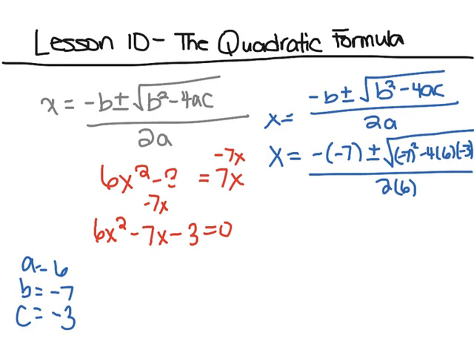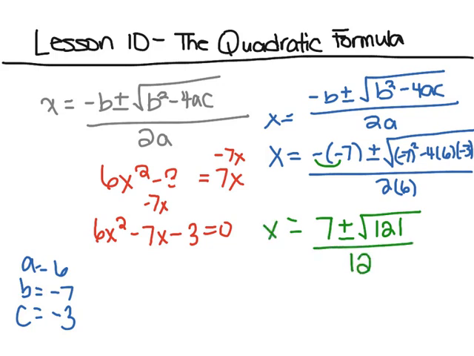Now we're going to simplify, so you need to simplify inside the brackets. And we have a negative and a negative, so this becomes positive 7 plus or minus the square root of 121 over 12. So now we're going to split it into 2.